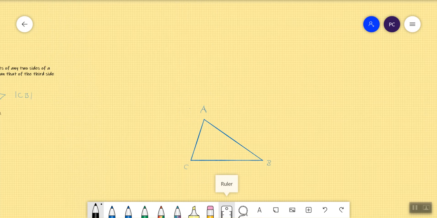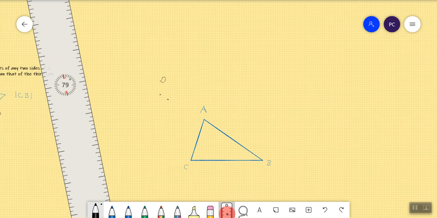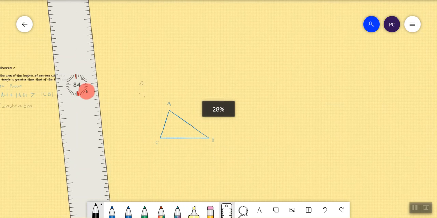You're talking about a point roughly out about here, and you want it so that this length here is going to be equal to that length. So maybe it might be just a bit further out about there. We'll call this point D. And then we want to join up these points, so we can use our ruler to do that.